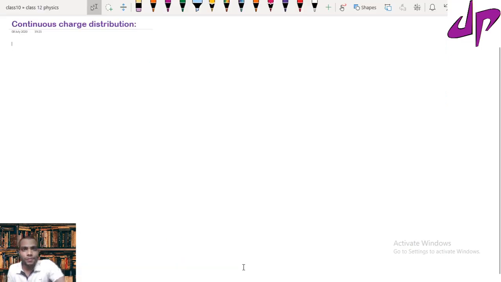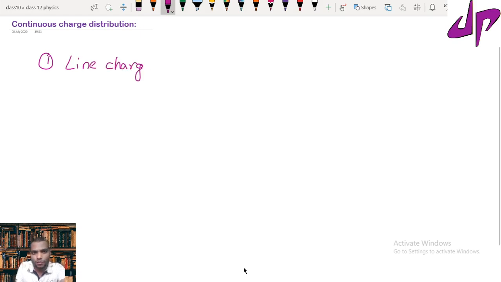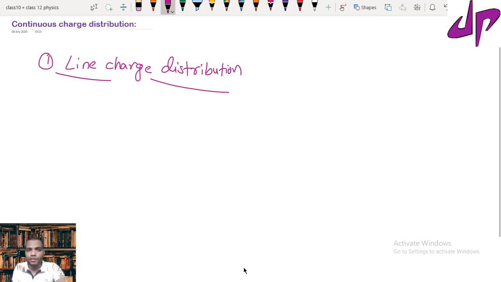So in this concept, we will discuss first linear charge distribution. Under the first case, I would like to discuss linear or line charge distribution. Suppose, imagine a case.